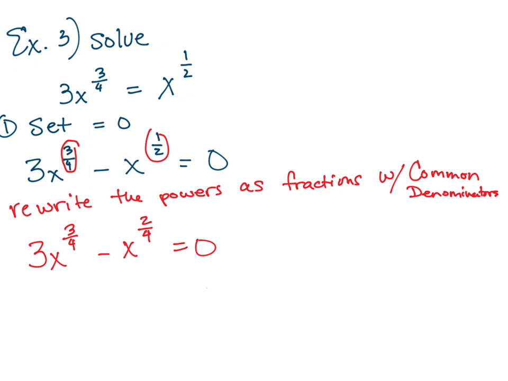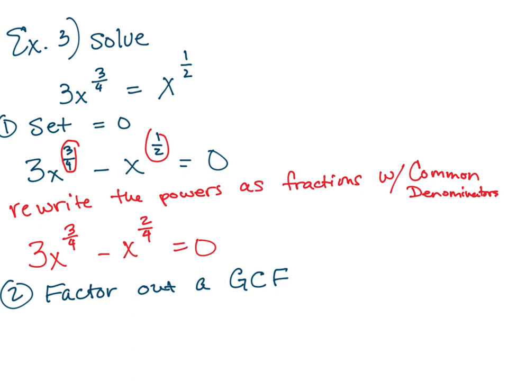Now we're in a position where we could pull a GCF. You can't see the GCF unless both of your fractions have the same denominator. You can't tell what it is.